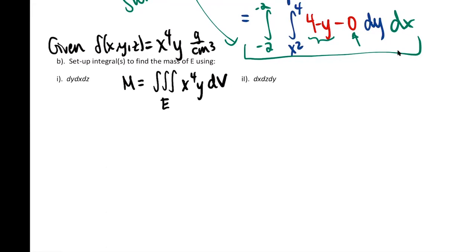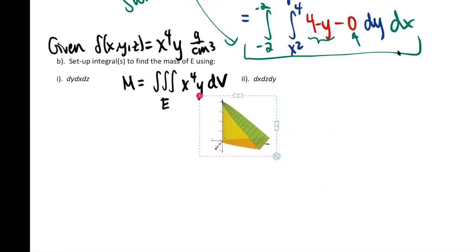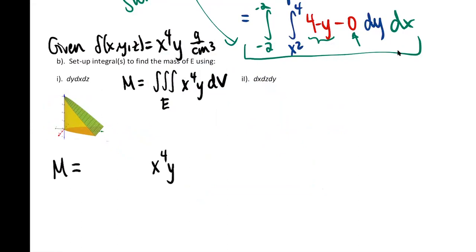Okay, and let's try 2 different ways of setting it up. So let's put some pictures here so we can use them as visuals. Let's put that here and start with dy, dx, dz. If I want to set this up using this ordering, my integrand will stay the same. That's not going to be affected.